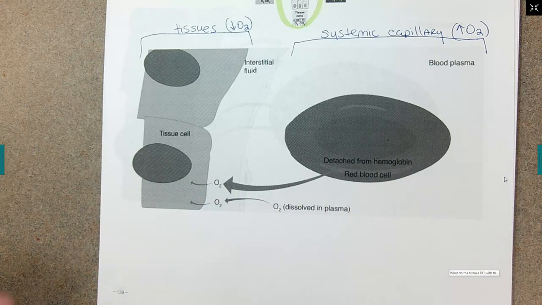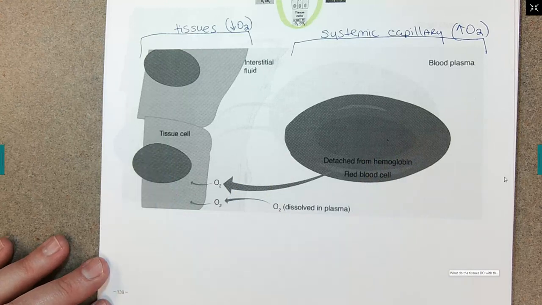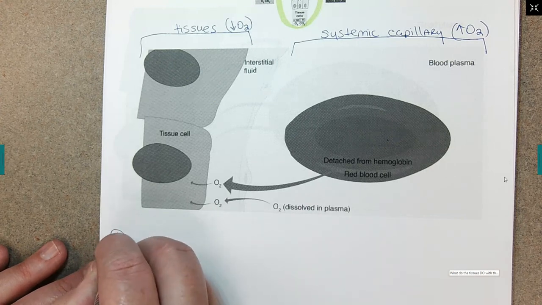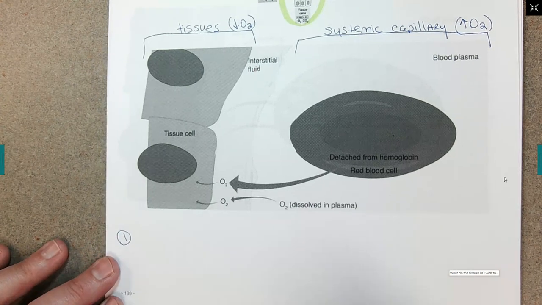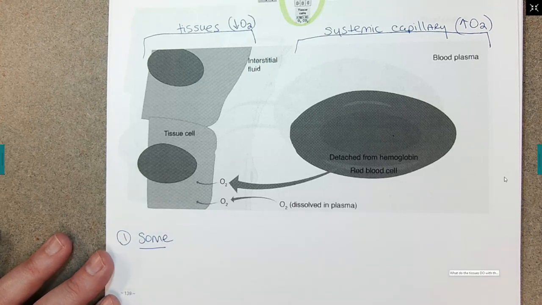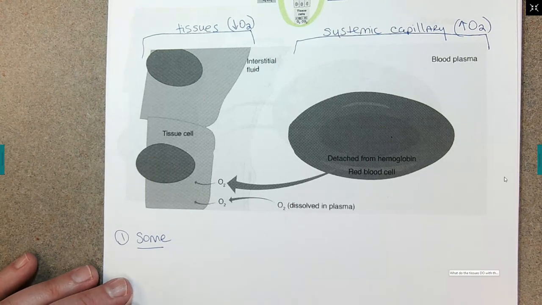Again, there's two ways we get the oxygen from the capillary into the tissues. So the first way: remember we said oxygen doesn't really like to just hang out in the plasma. It's too much water there, it really doesn't like to do that. But there is some.